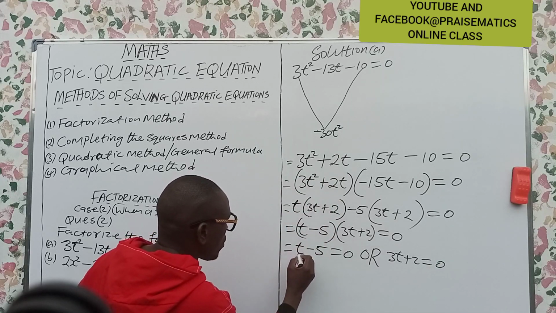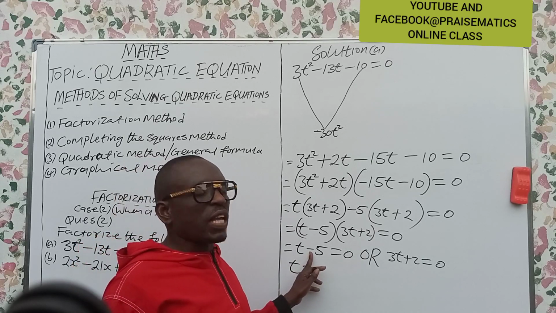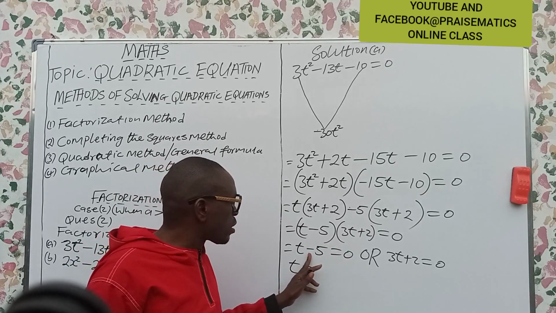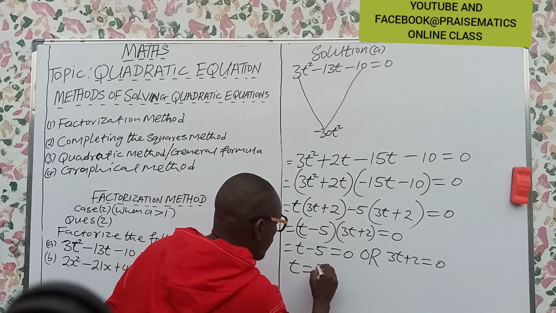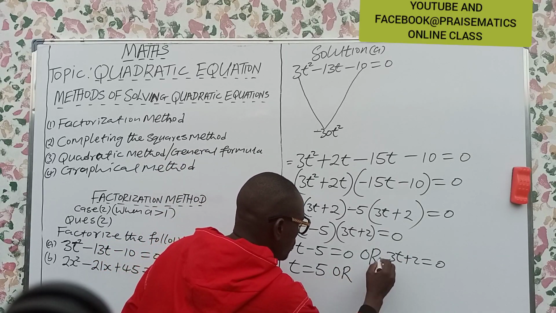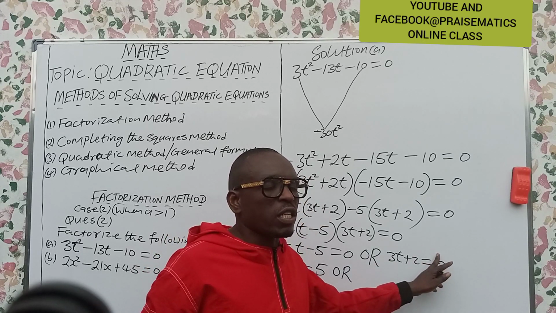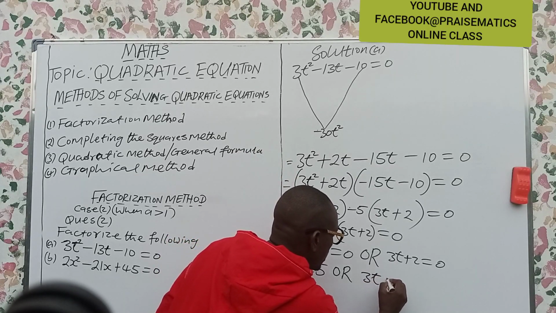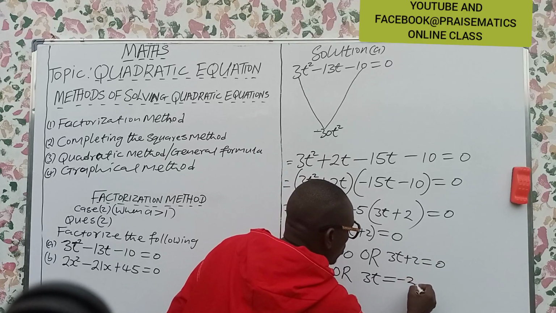Make t the subject of the formula. When a negative sign crosses the sign of equality, it returns to plus. So minus 5 crossing the sign of equality becomes 5. When a positive number crosses the sign of equality, it turns to minus. So 3t equal to 2 becomes 3t equal to minus 2.